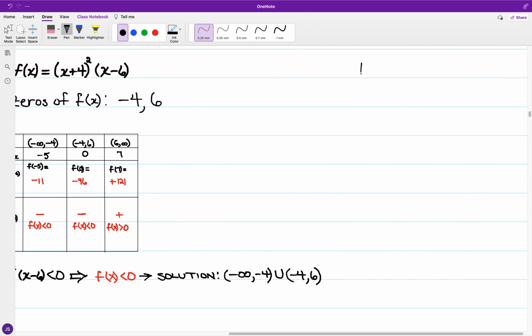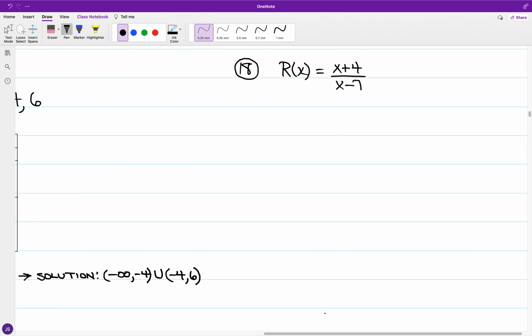So we've got a rational function. I could put this down as f of x again, but I'm just going to put this as r of x. So you have x plus 4 all over x minus 7.